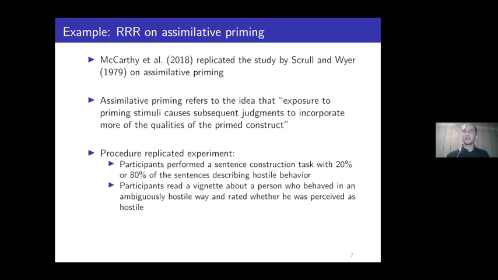The control condition is the 20% condition, and the experimental condition is the 80% condition. After this sentence construction task, participants are asked to read a vignette about a person who behaved in a hostile way, and then they had to rate his behavior, whether it was perceived as being hostile.